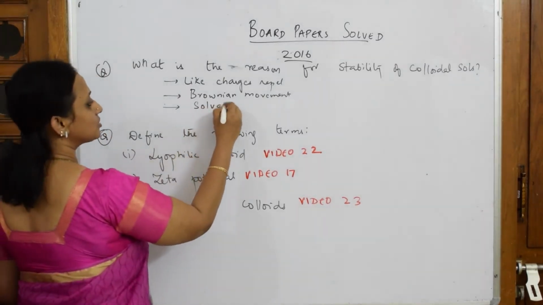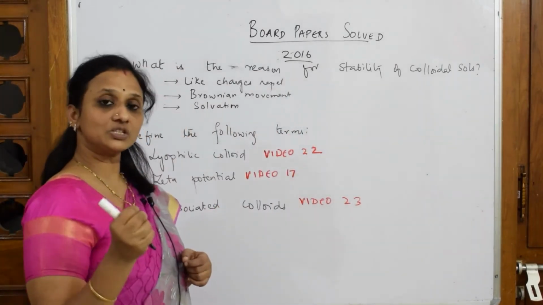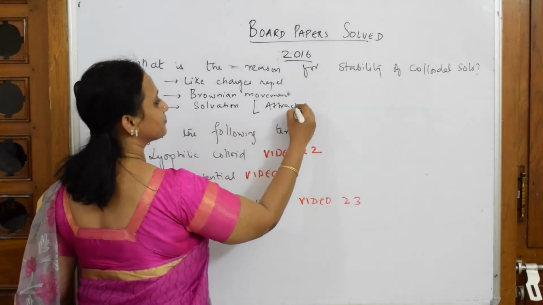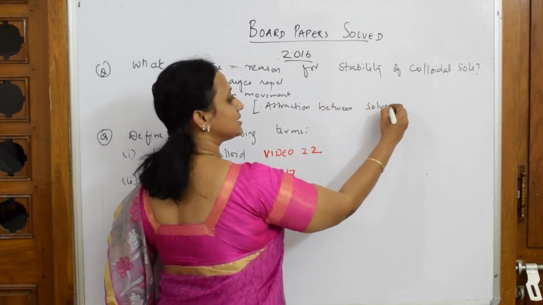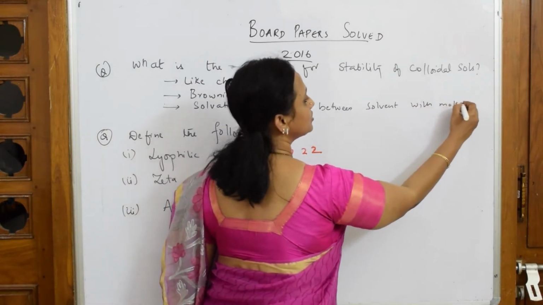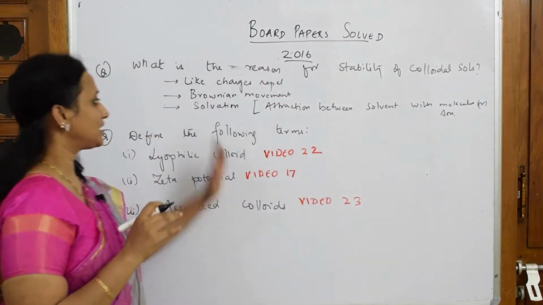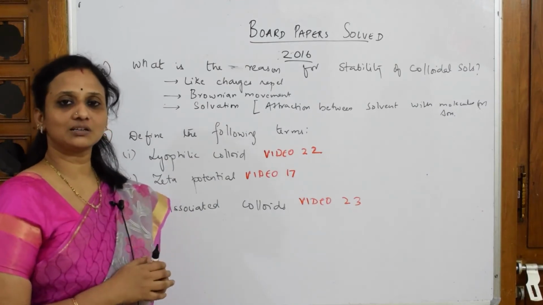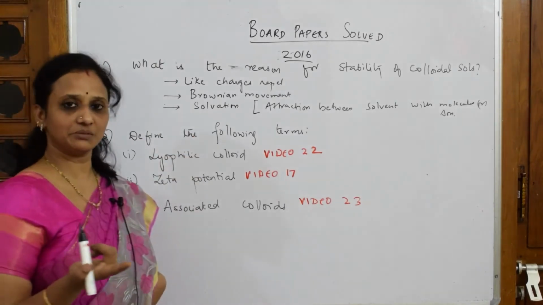So solvation is basically attraction between the solvent molecules, that is your dispersion medium, with the molecules or ions. That's it. This is solvation. So when the dispersion medium attracts with the molecules or ions present in the colloidal sol, then automatically they retain that stability. You can write any one reason, right?